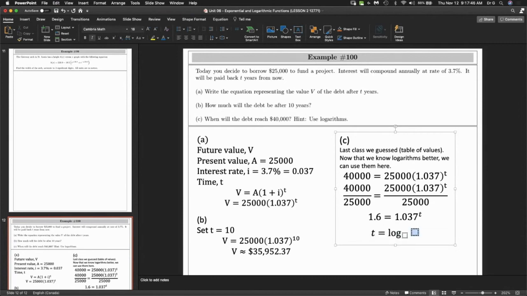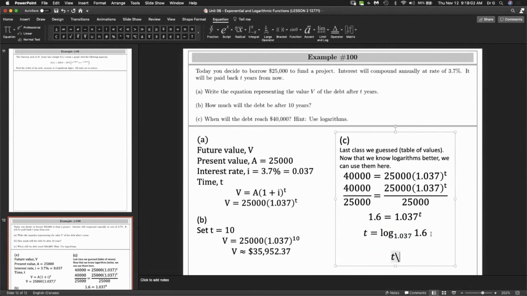What's the base? And then the answer is 1.6. Perfect. Thank you, Yuzen. And then we're going to have approximately 17 years. You have to round up, okay?